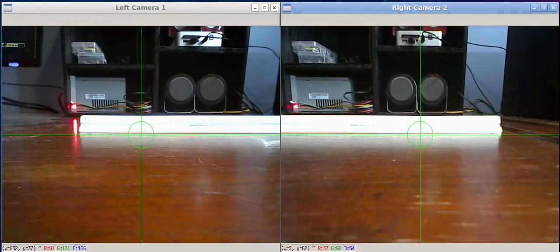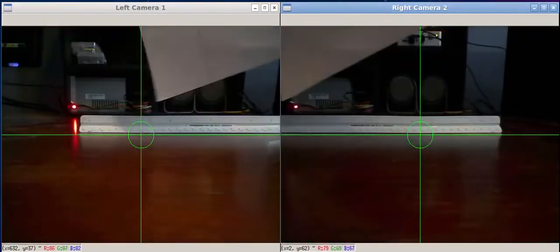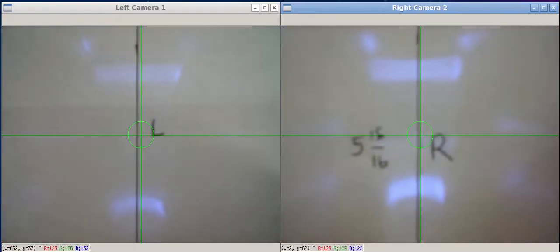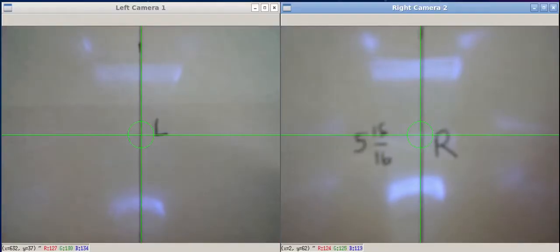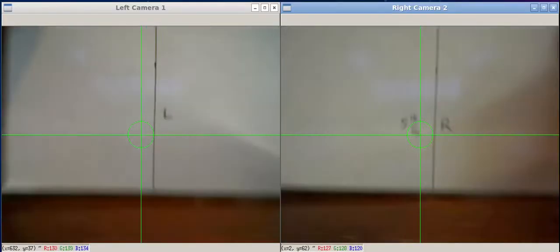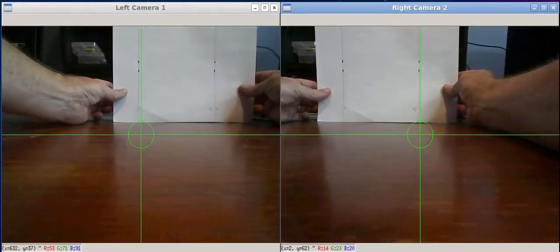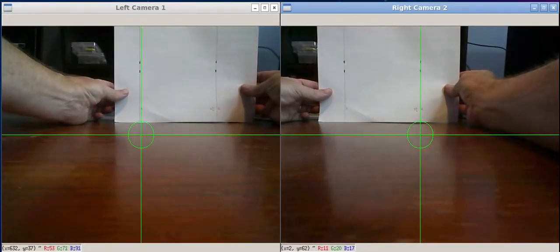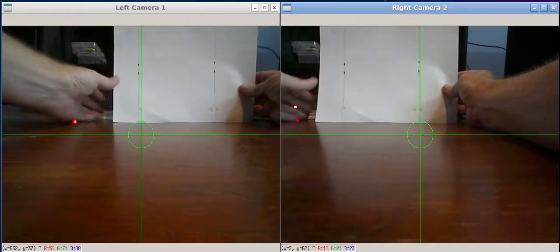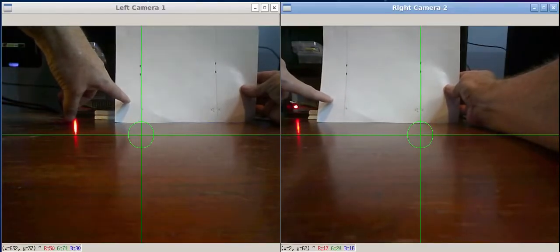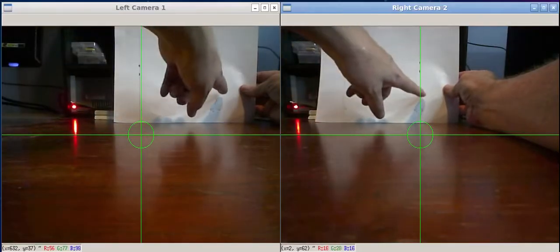Can't see that very well, though. So I made this. I drew this piece of paper. So here's our 2 lines. They line up close, and they line up. Now look, we're looking at this line for the left camera and this line for the right camera.